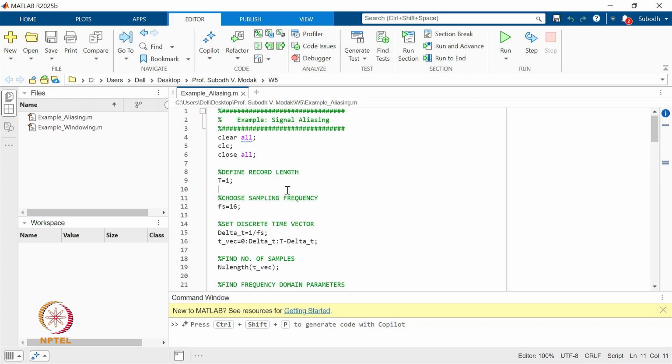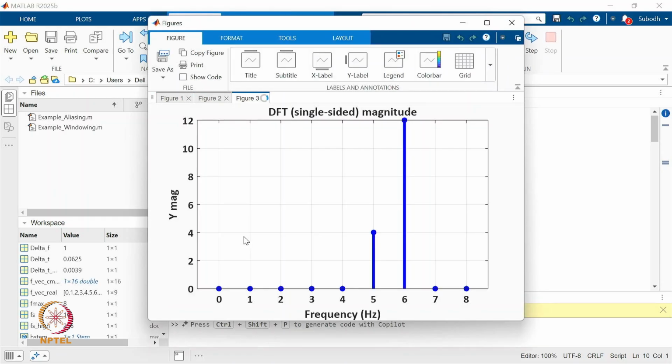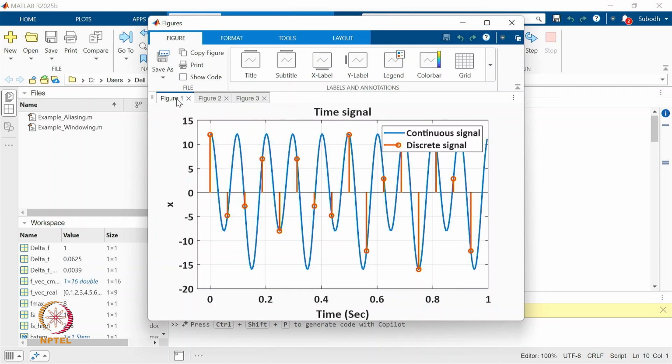So let us run this code. Let me hit the run button here, and now the program is running, as shown by busy here. Okay, now it is drawing the figures. So let us look at the first figure, which is an overlay of the continuous signal and the discrete signal.